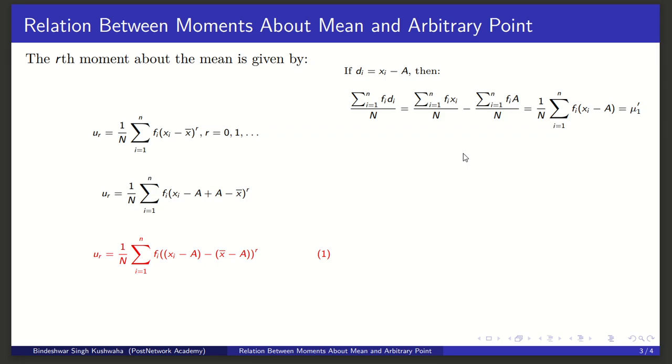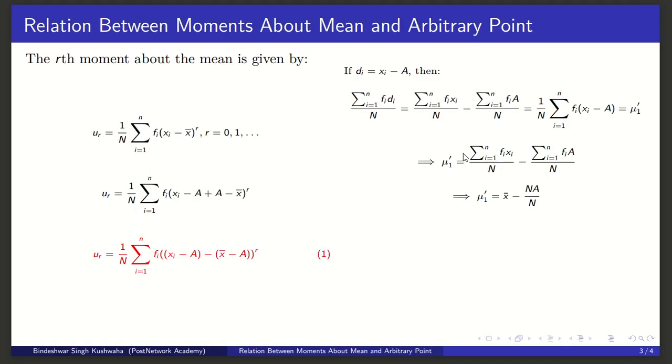if you multiply it by f i frequencies and sum from 1 to n, finally you will get summation f i d i upon n, where f i d i sums from 1 to n, that would be equal to mu 1 dash, where mu prime or mu 1 dash is the first order moment about an arbitrary point.